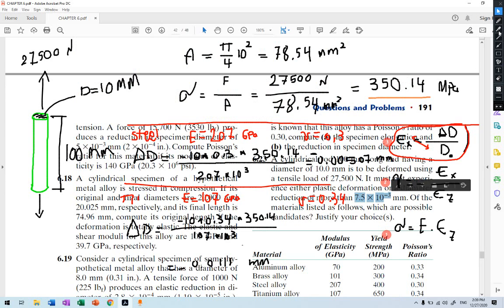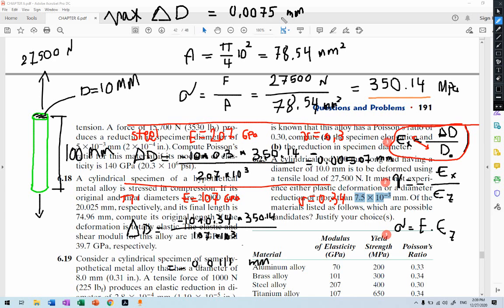The maximum delta D, if I write it down, is 0.0075 millimeter. That's basically 7.5 10 to power minus 3. So if our delta D is smaller than this one, then it's acceptable.